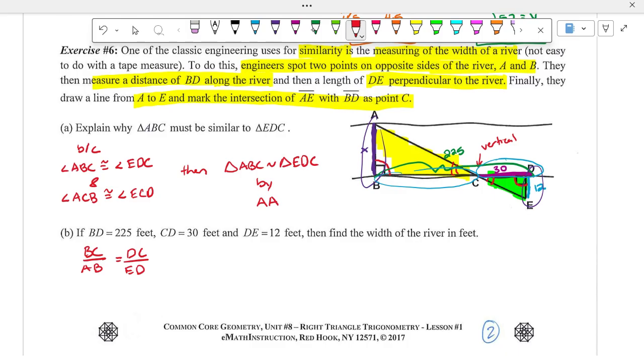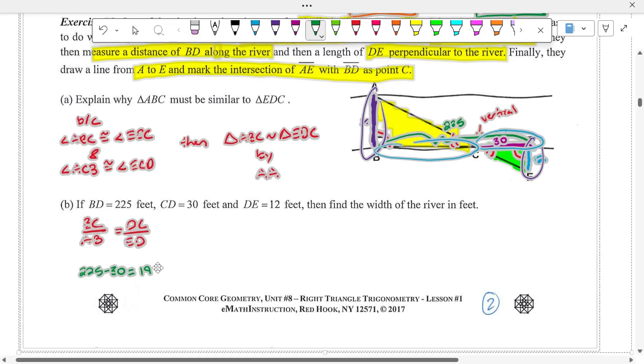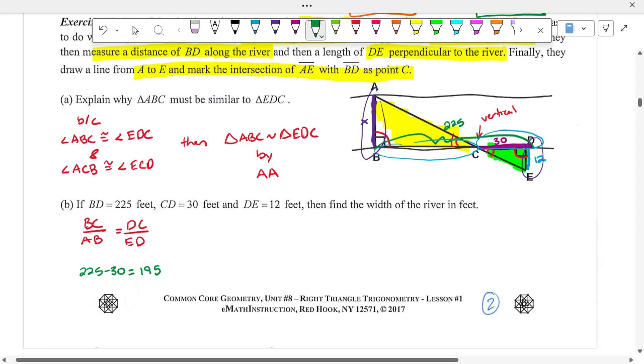So all we got to do is just subtract the two. So I just got to do 225 minus 30, which is what? Put it in your calculator. It is 195. So that's what's equal to BC.